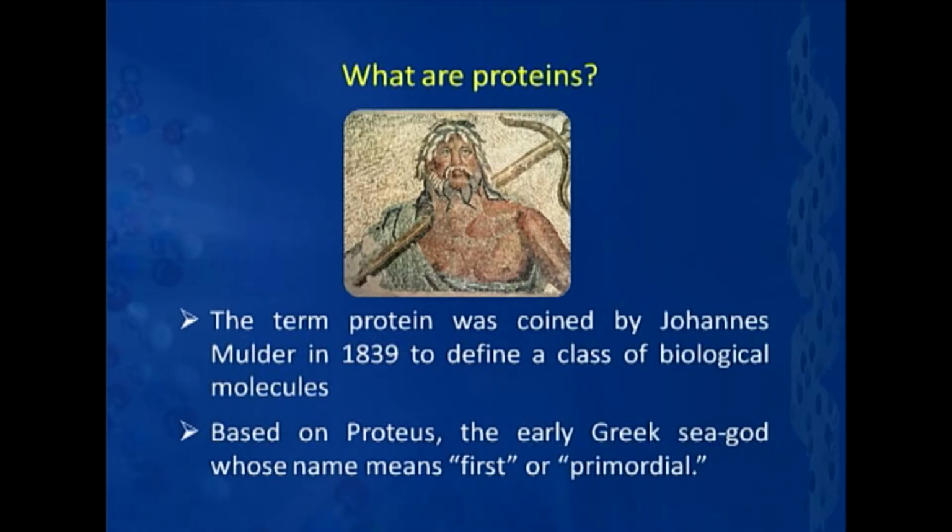It is an early Greek sea god whose name Proteus means basically first, or primordial, or of first importance. The underlying principle is that Mulder wanted to emphasize the significance of proteins, that they are the most important biological molecules in the system.